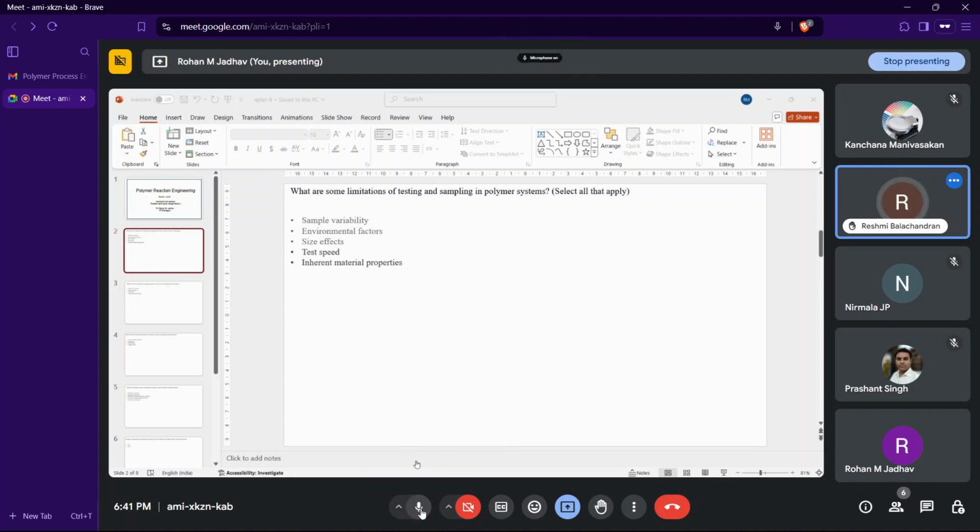Yes, melt flow index also, but they both have different purposes. Okay, so for pourability, which one will be the apt one, sir?